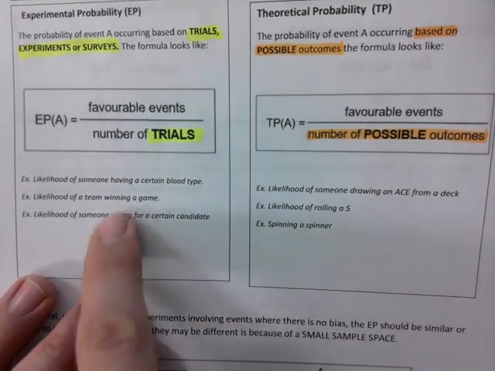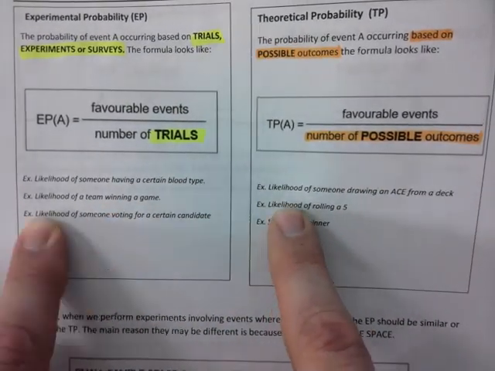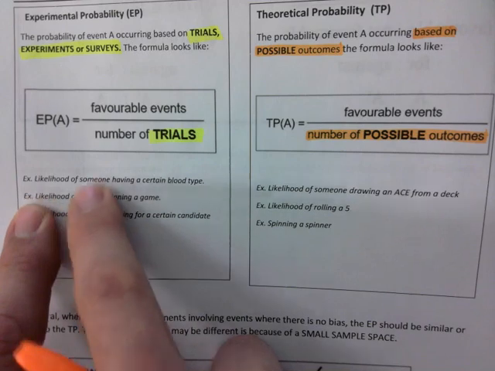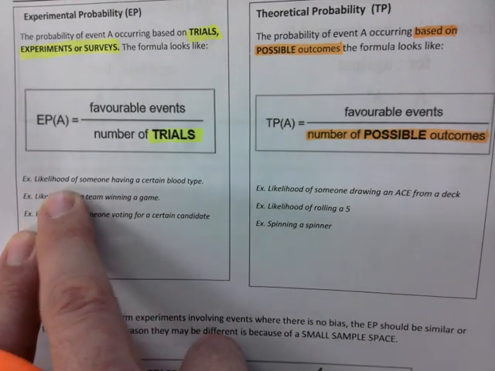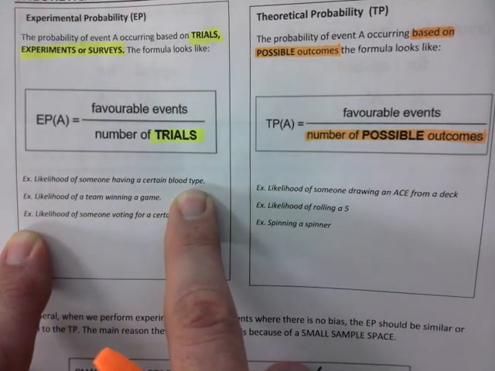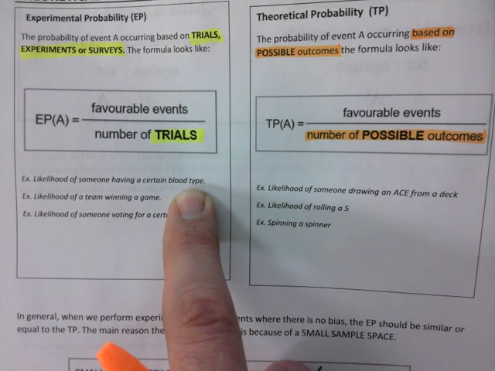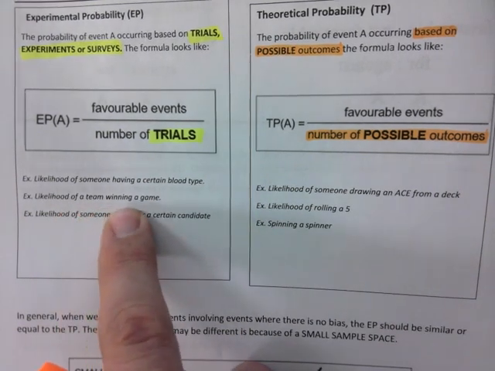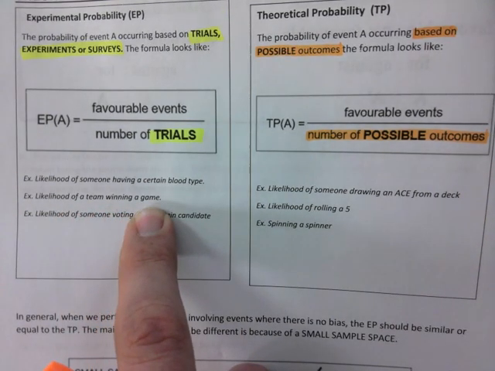And look at what I put at the bottom here. How can you notice the difference? So let's look at experimental probability. The likelihood of someone having a certain blood type, that is based on actual experiments. Like they keep track of that, right? The likelihood of a team winning a game, that's based on how has that team done in the past, right?